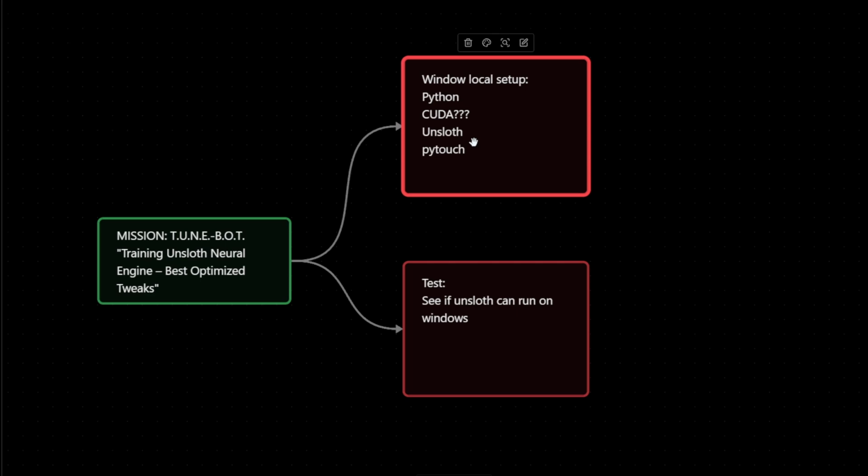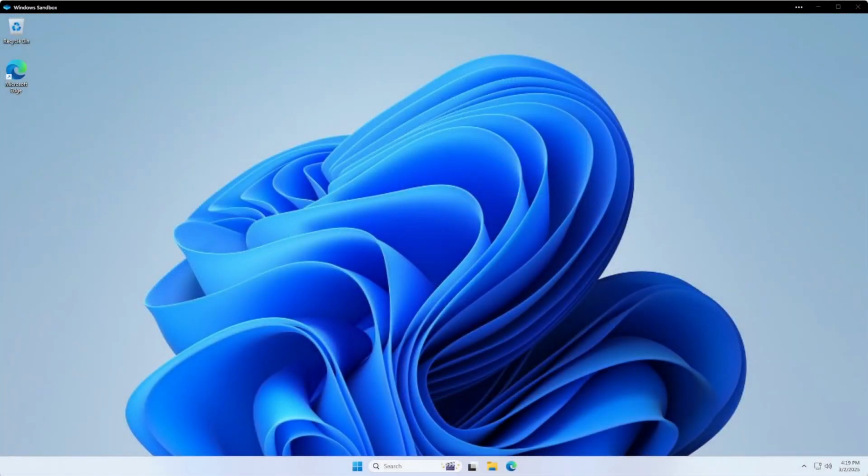On Windows 11 Professional, you can install whatever you want, and if you close the window, it gets rid of that instance of Windows. But the problem is, if I ever want to start it up again, I have to reinstall everything. That's not going to work either.